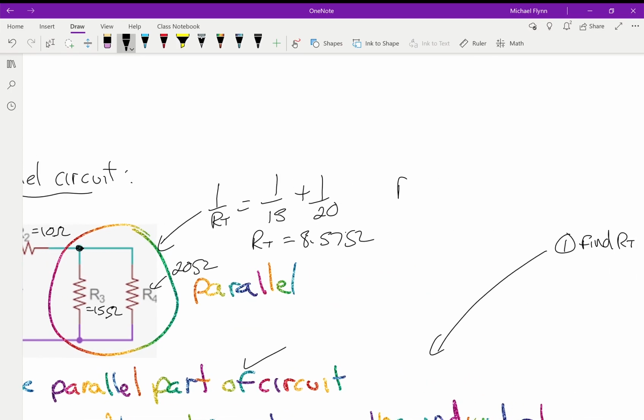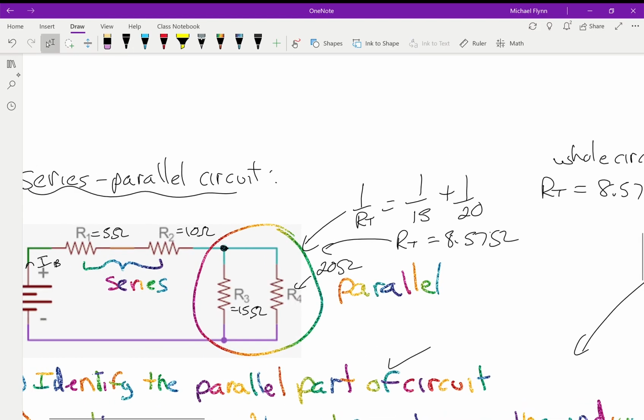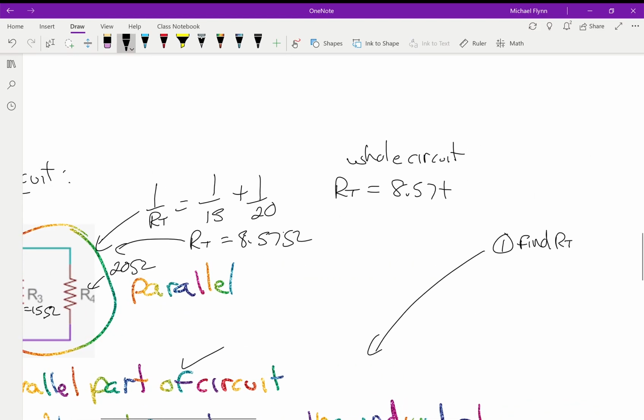So this is the total just for this part. The actual total for the whole circuit will equal 8.57 plus these 2 things that are in series, the 5 plus 10.